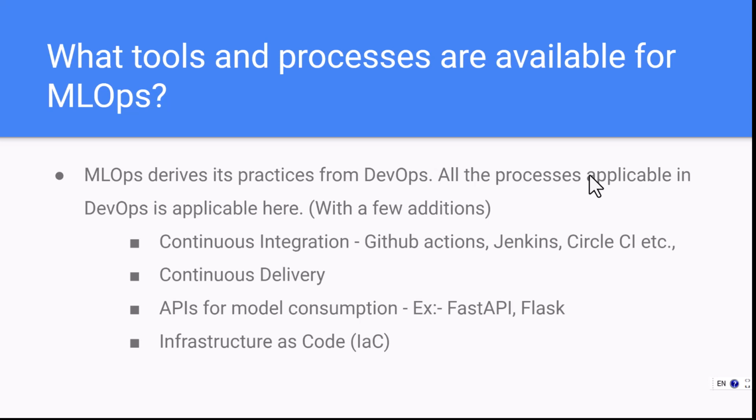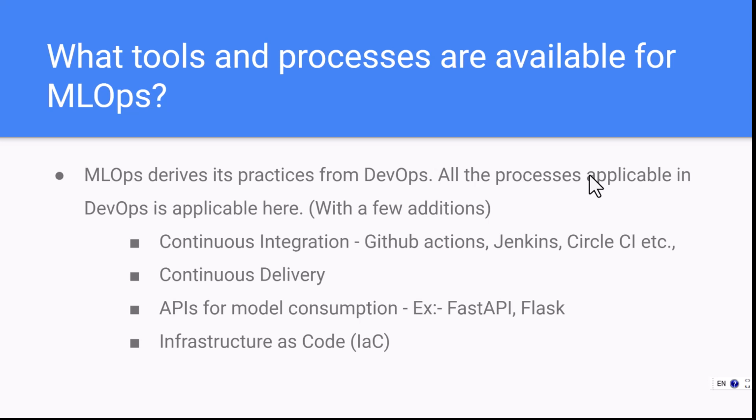Another way is batch processing, where you have your model and once in a while you schedule a job, feed in the data to the model, and get the predictions. So not necessarily do you have to have a REST API every time, but MLOps will recommend this option because APIs are scalable.